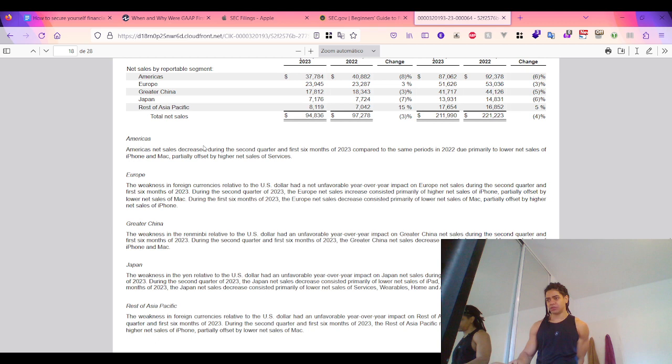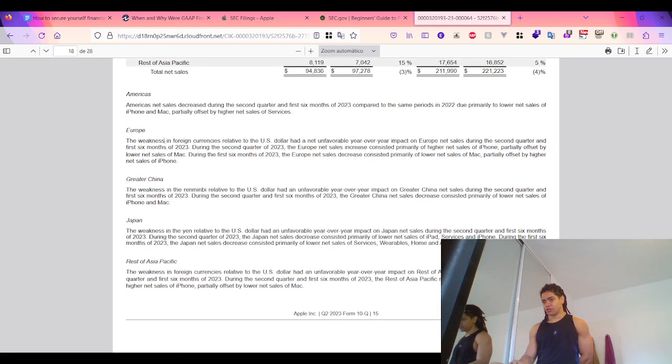Americas net sales decreased during the second quarter and first 6 months of 2023 compared to the same period in 2022, due primarily to lower net sales of iPhone and Mac, partially offset by higher net sales of services. Europe. The weakness in foreign currencies relative to the US dollar has had a net unfavorable year-over-year impact on Europe net sales during the second quarter and first 6 months of 2023.